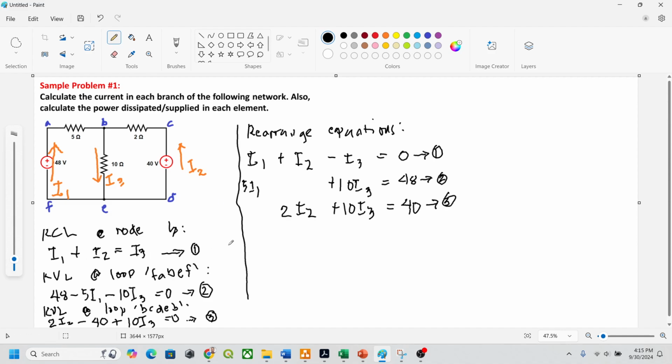So, if you use your calculator or any application, any software, any computing device you have, you will get I1 here, right? I1 is equal to 2.2 amperes.